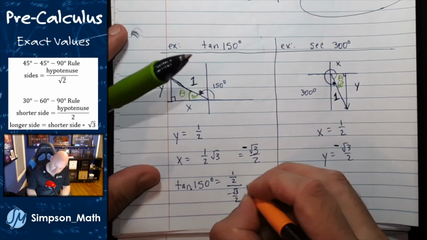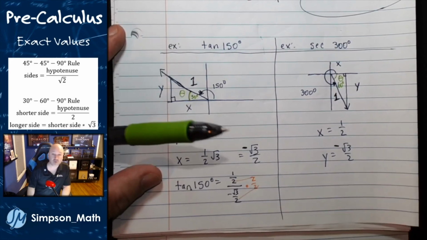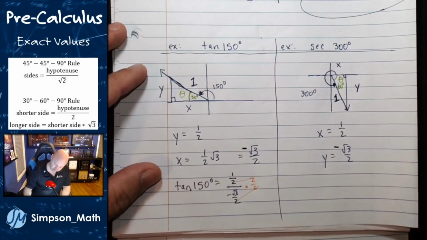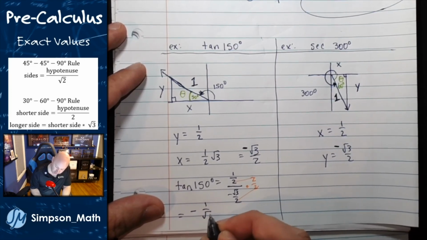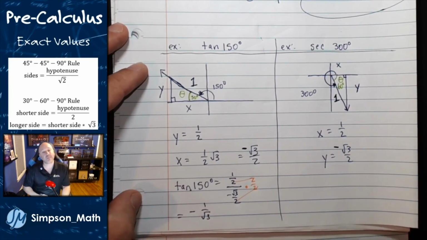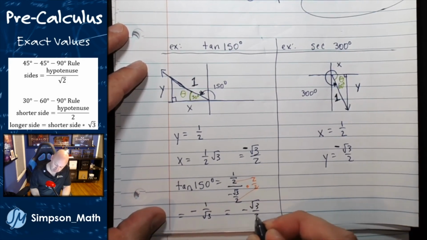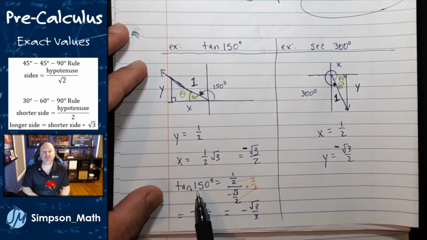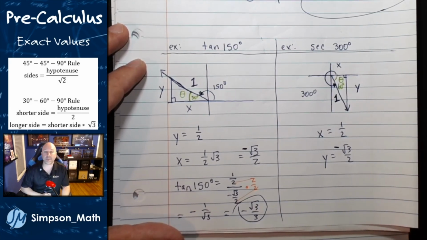I'm going to simply multiply by 2 over 2. That's going to help me reduce this. I get negative 1 over the square root of 3. I'm going to rationalize the denominator. I get negative root 3 over 3. Tangent of 150 degrees is negative root 3 over 3.